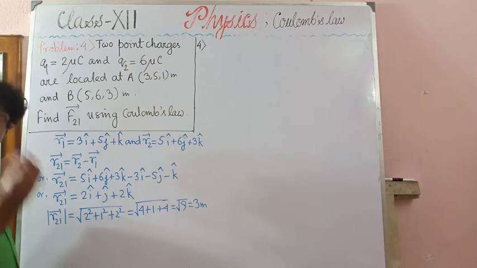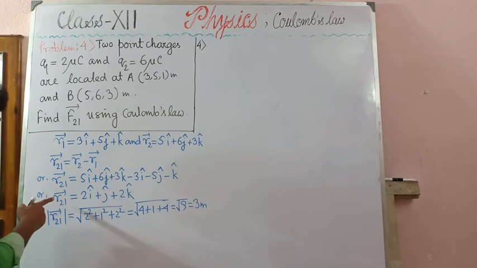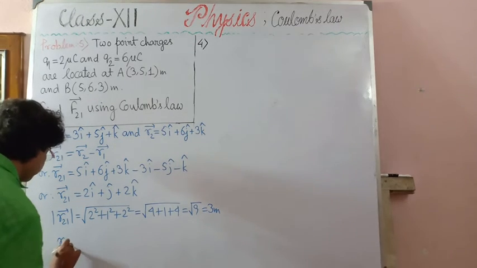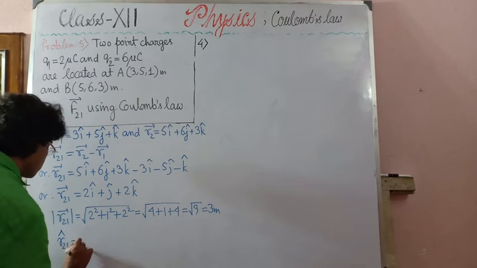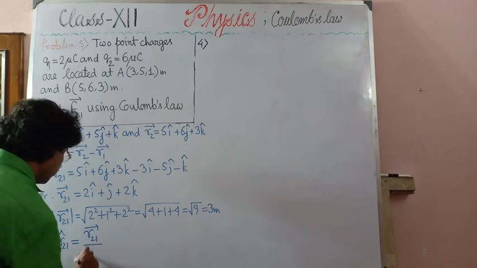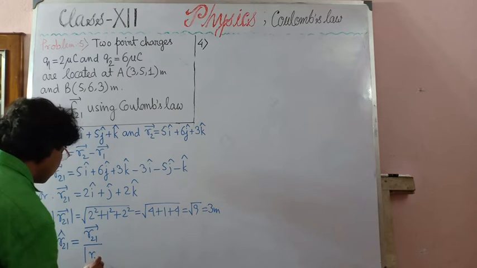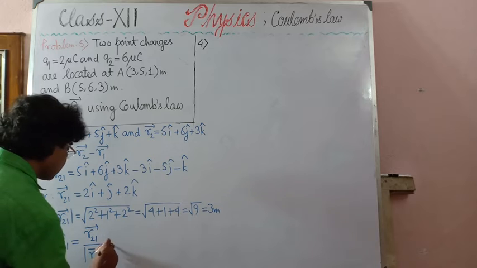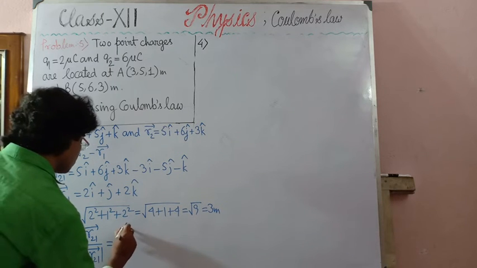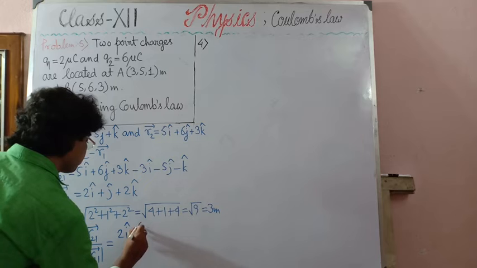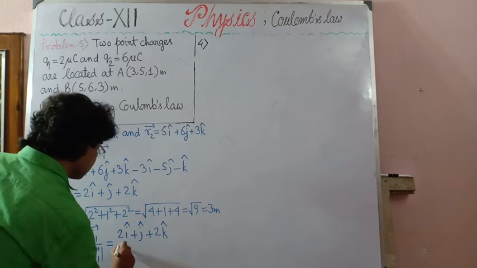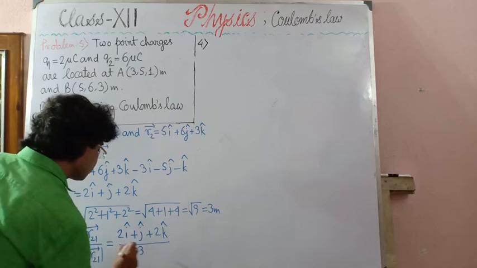So unit vector along R21 vector is R21 cap equals R21 vector by mod of R21 vector equals 2i cap plus j cap plus 2k cap by 3.